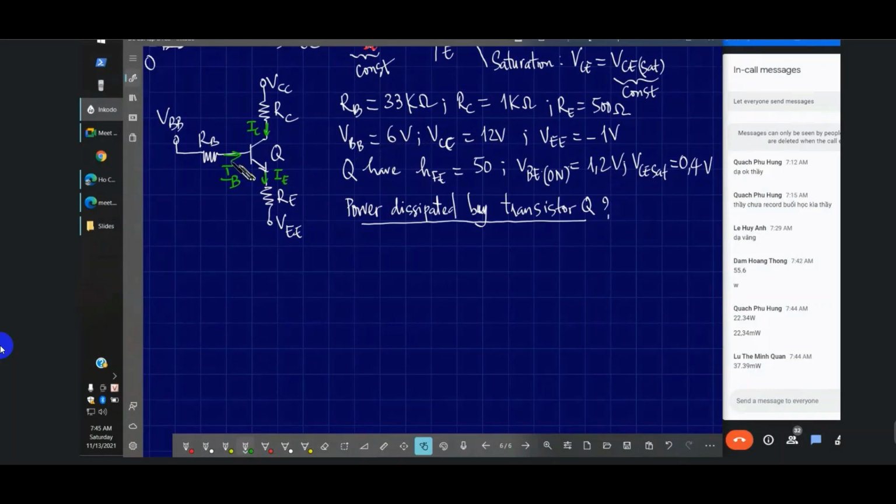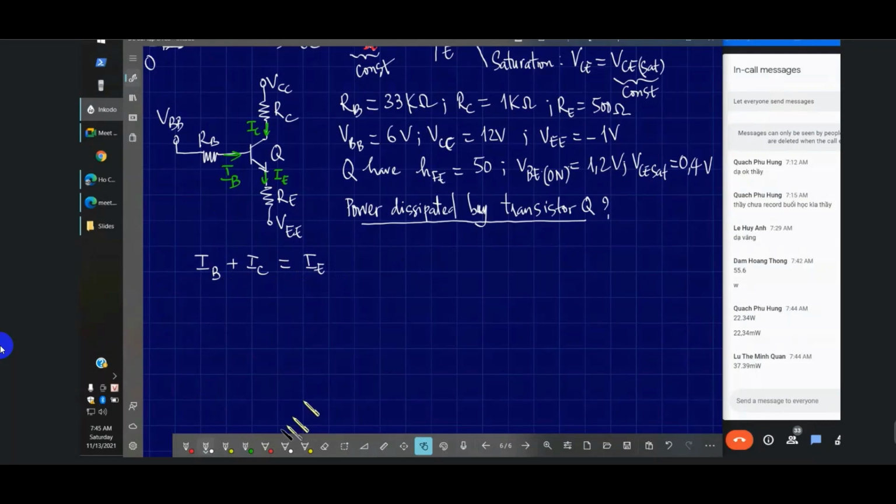The incoming equals the outgoing. Consider the transistor Q has incoming IB and IC, and the outgoing is IE. So the first equation should be IB plus IC equals IE.